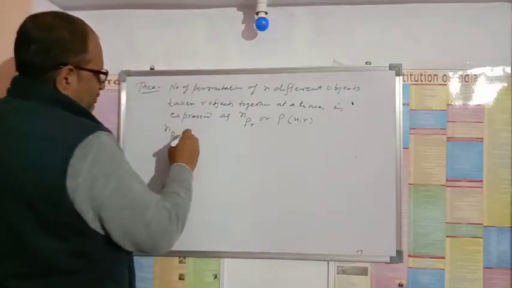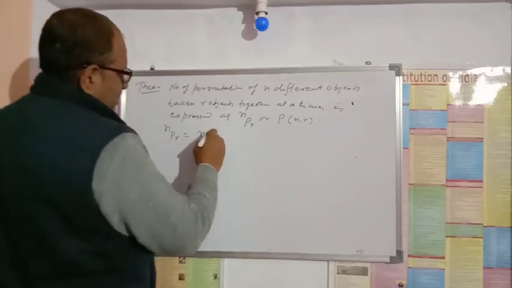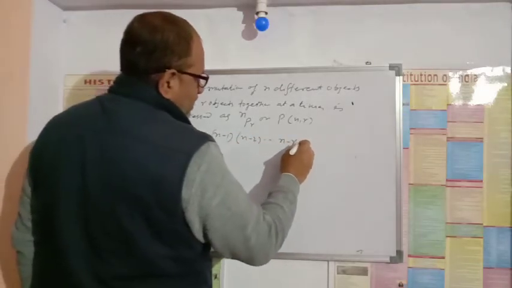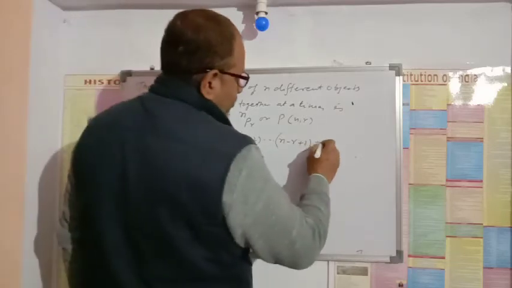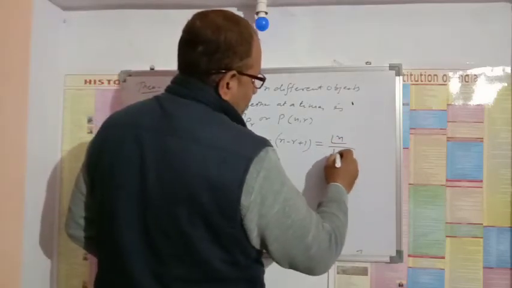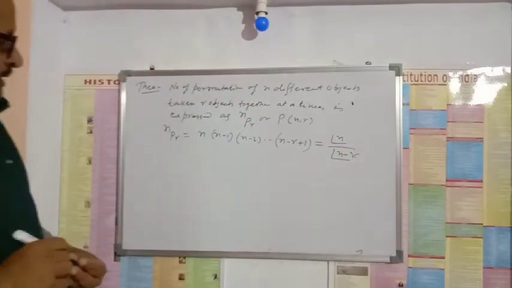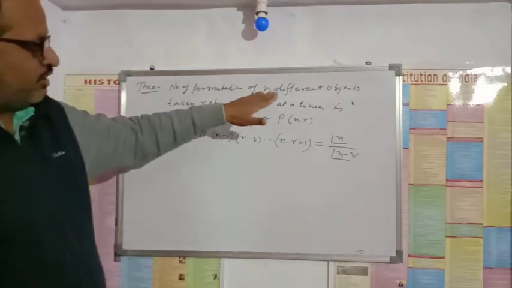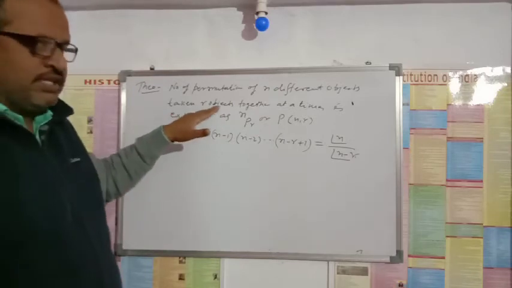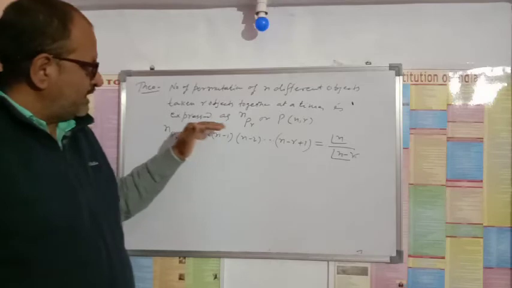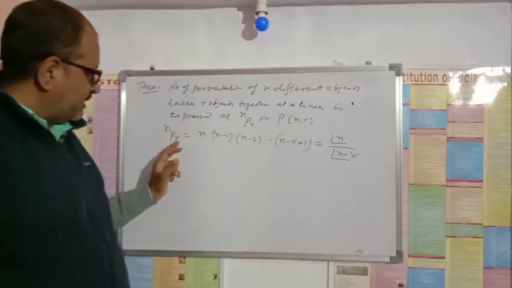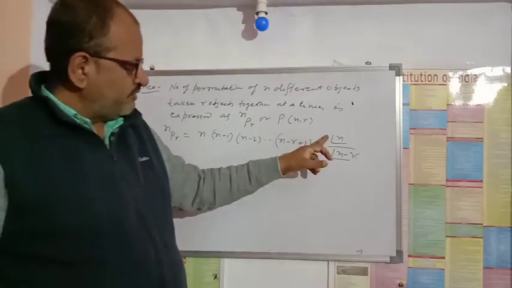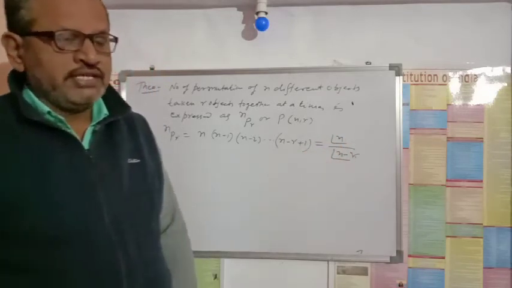So what is the value of nPr? nPr is n into n minus 1, n minus 2, up to n minus r plus 1. In factorial notation, it is written as factorial n upon factorial n minus r. So this many arrangements are possible.